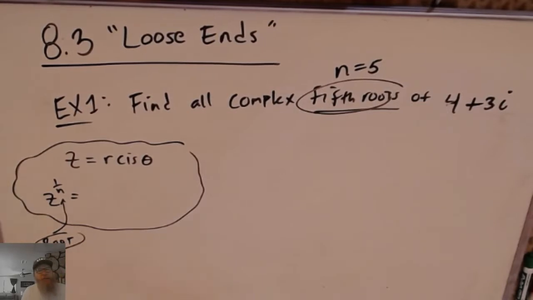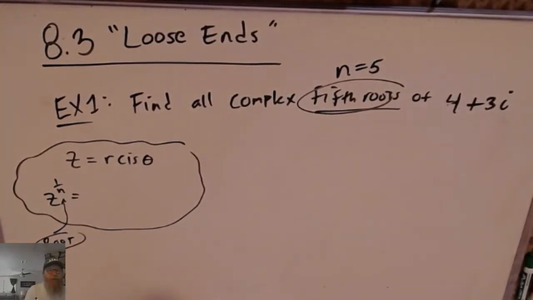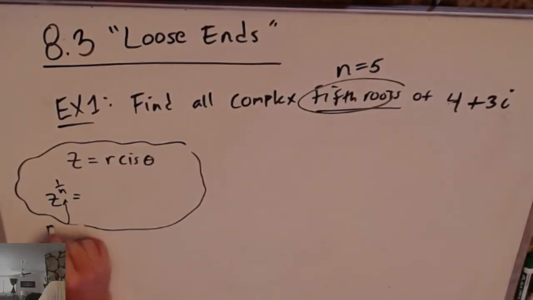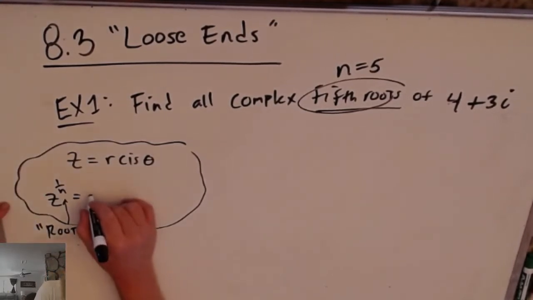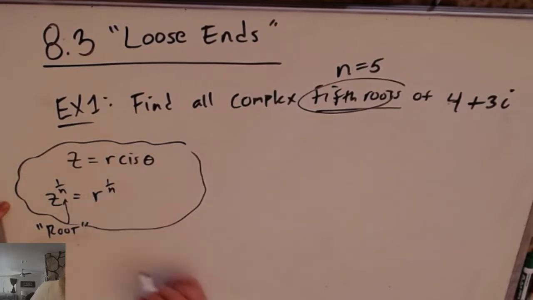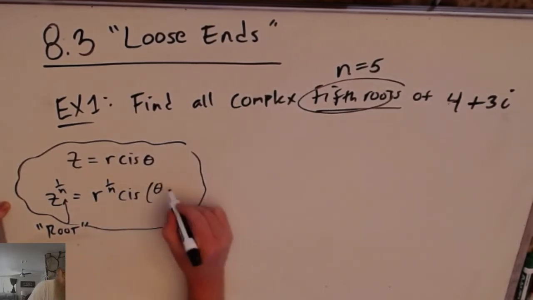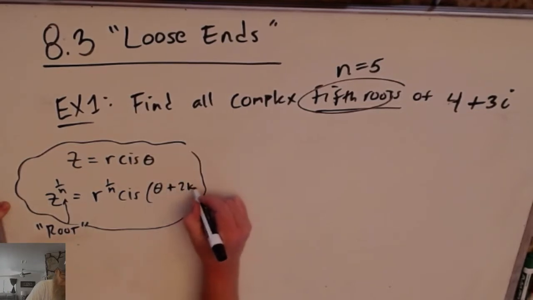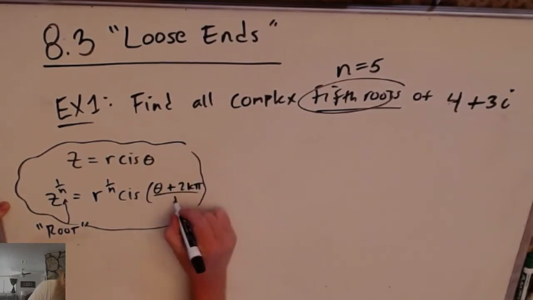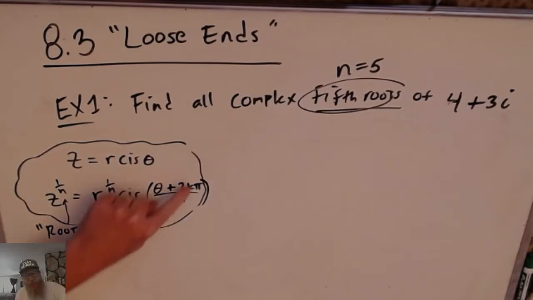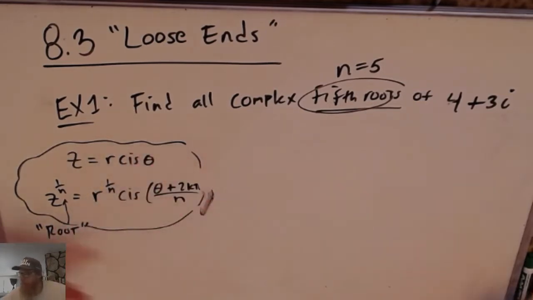So the 1 over n tells you the type of root. That'll be the nth root of r, cis. Now here's where you've got to be careful: theta plus 2k pi over n. I almost screwed that up last time.